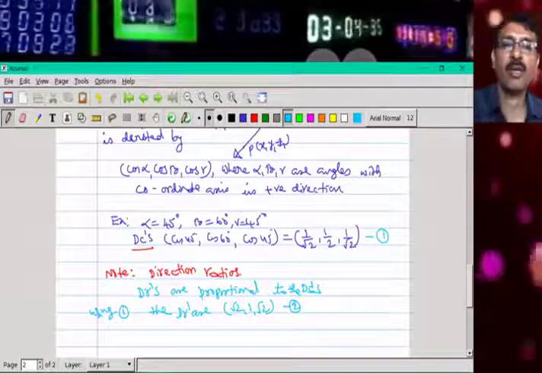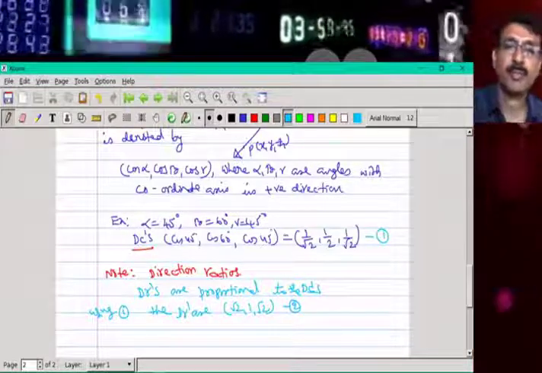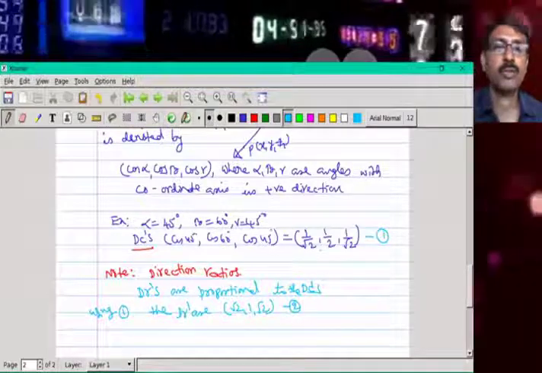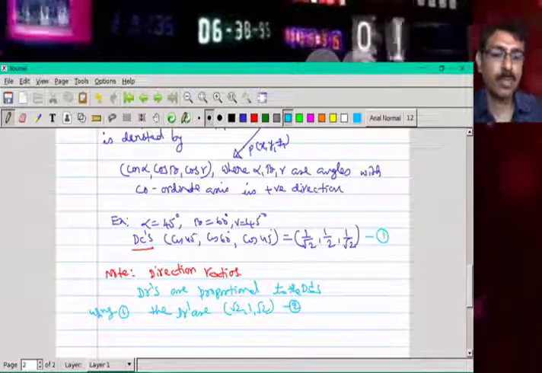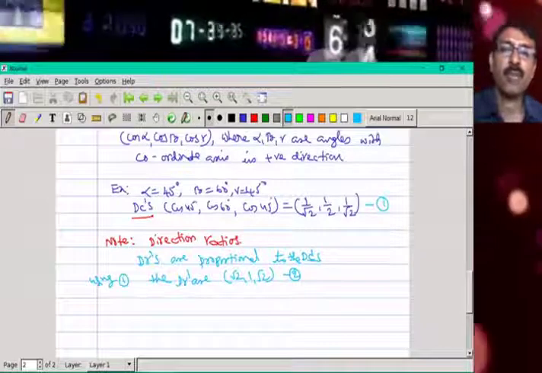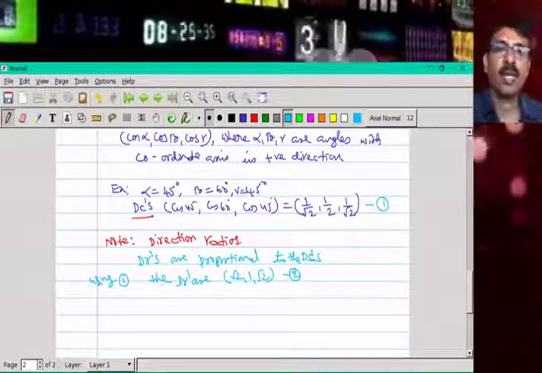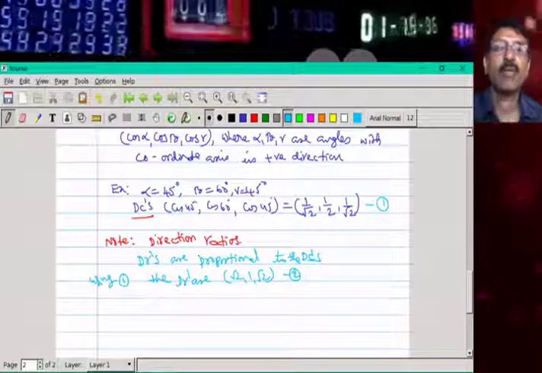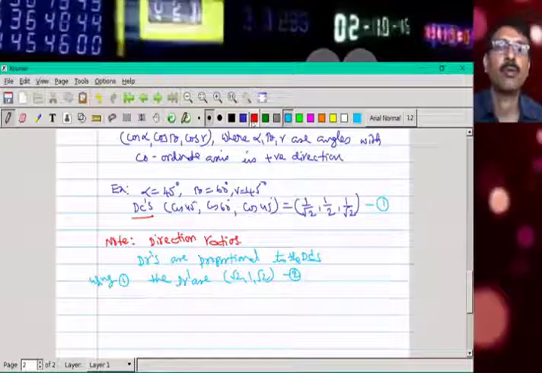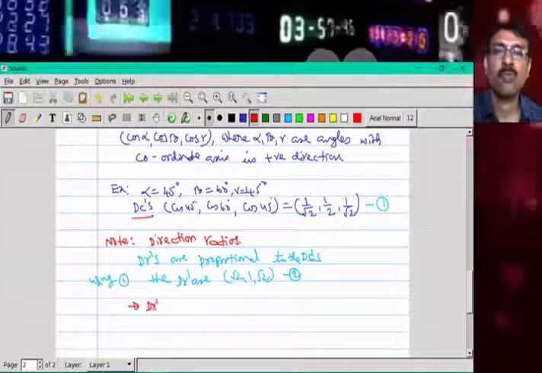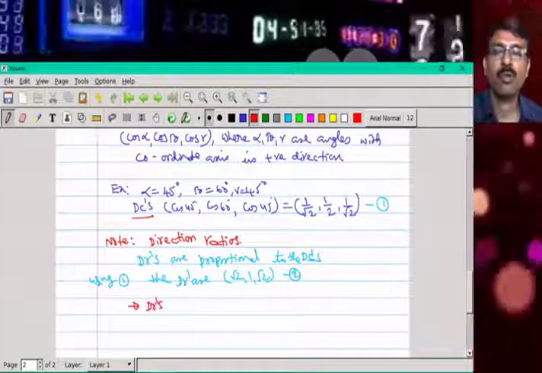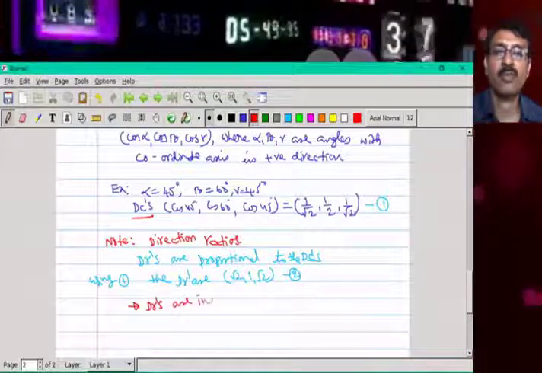Why? Because DRs are proportional to DCs. In a similar way, we can write any number of DRs for a particular line. So DRs are infinite.